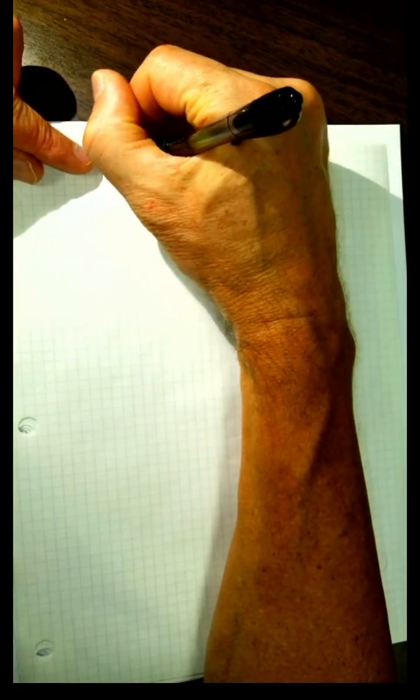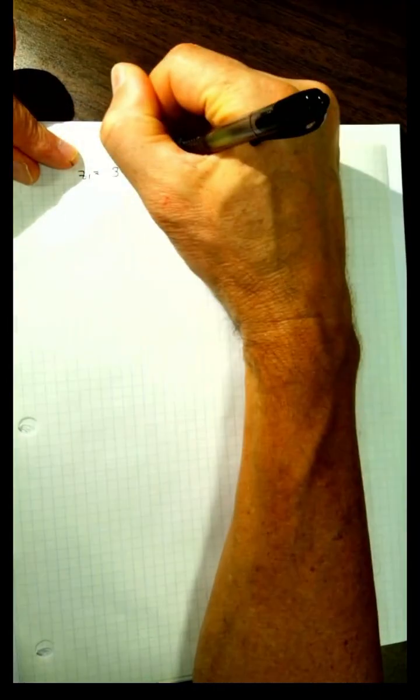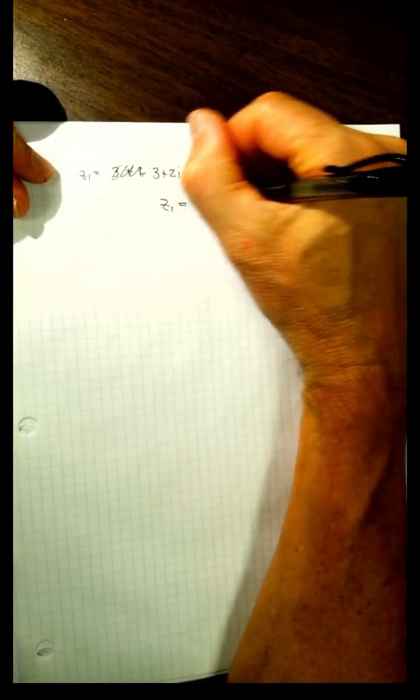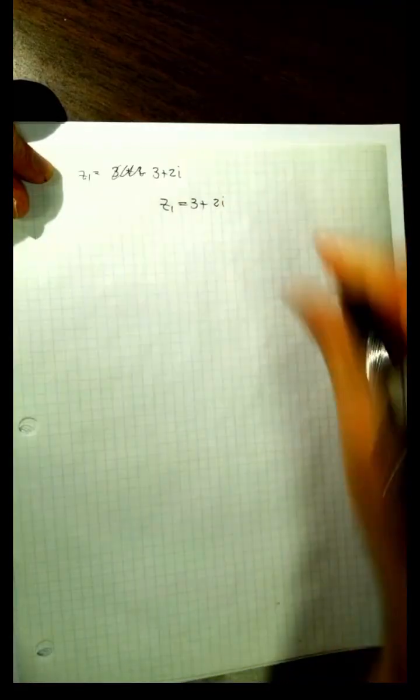All right, we're going to continue looking at complex numbers, but we're going to look at them in a different way. We're going to try to look at this geometrically. So we had this number, 3 plus 2i. Let me rewrite that so it's a little clearer. 3 plus 2i.